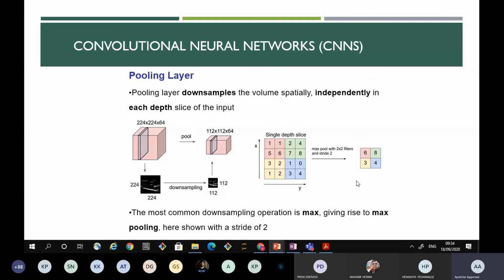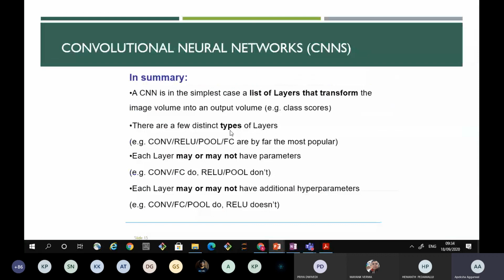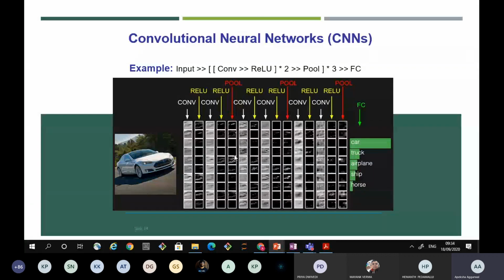So pooling is putting a max pool with a 2x2 filter over here, and then you are extracting just the maximum value from the whole 2x2 filter that you are applying. So this is pooling. Okay. So in a pooling layer, you are basically finding the feature which has high amplitude, high value. Okay. So convolution, then ReLU, convolution, ReLU, then pool, convolution, ReLU, pool, and so on.